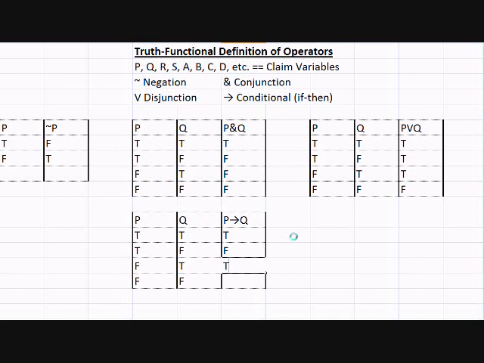Likewise, if I'm not hungry and I stay home, I'm not violating the rule, and there's no problem with the conditional. So the conditional statement is true unless the antecedent is true and the consequent is false. That's the only time it becomes false.